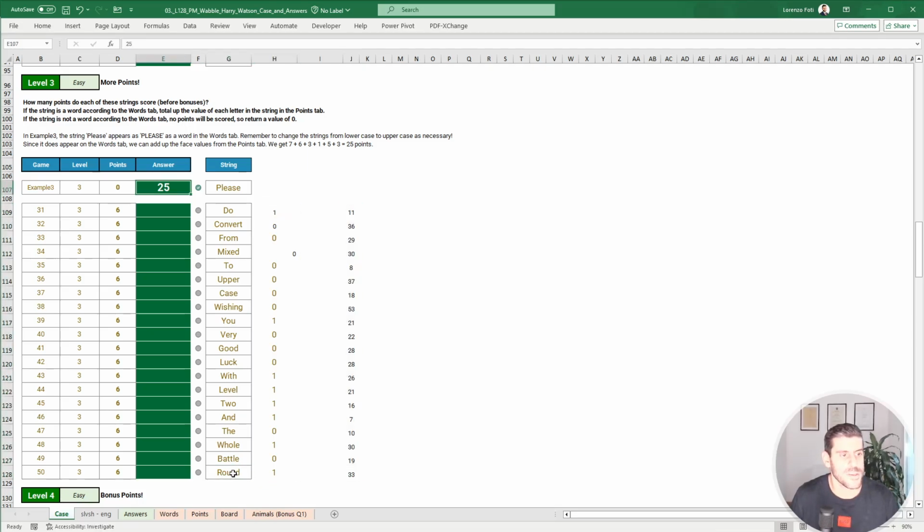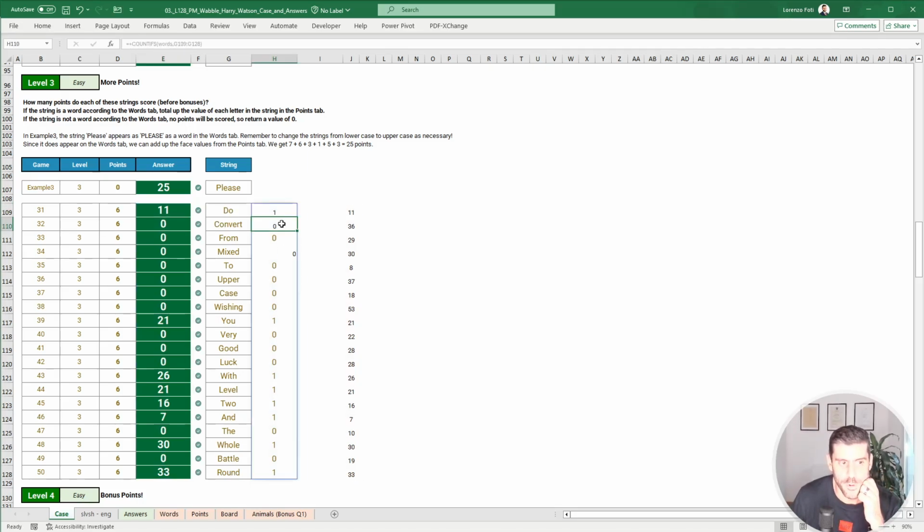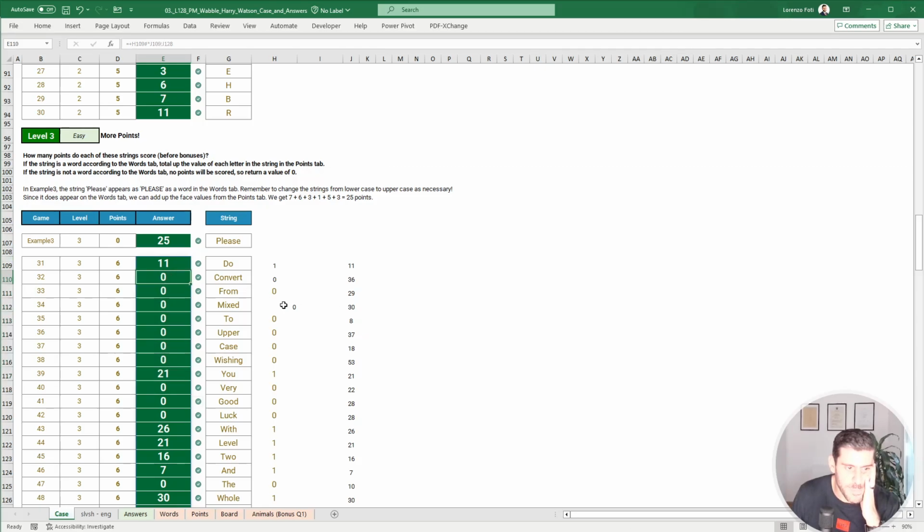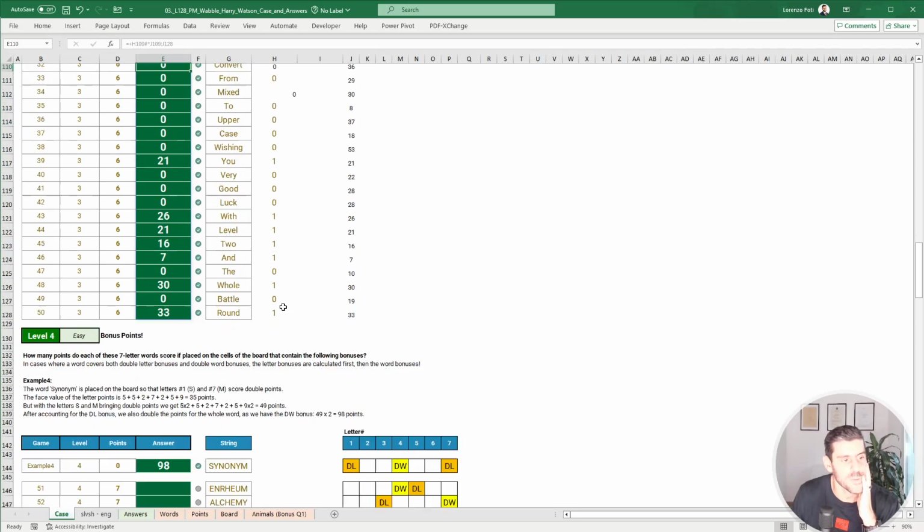And then I said simply that I wanted this times this. So I'm going to 0 for every word which is not valid. I mean, convert is actually not in the list, so I was a little bit worried when I saw this level, but eventually after a couple of double checks by hand, I confirmed this was correct.